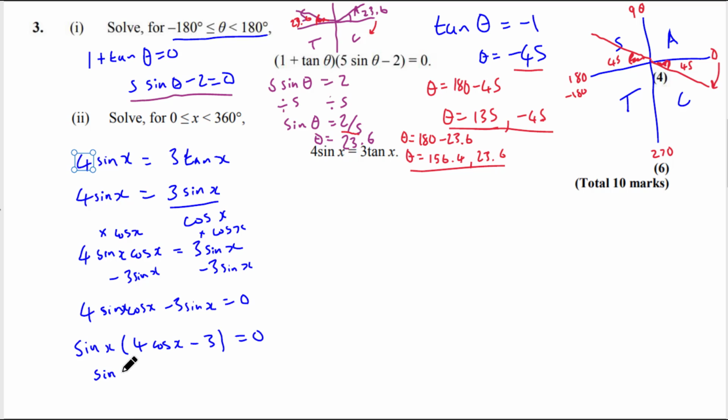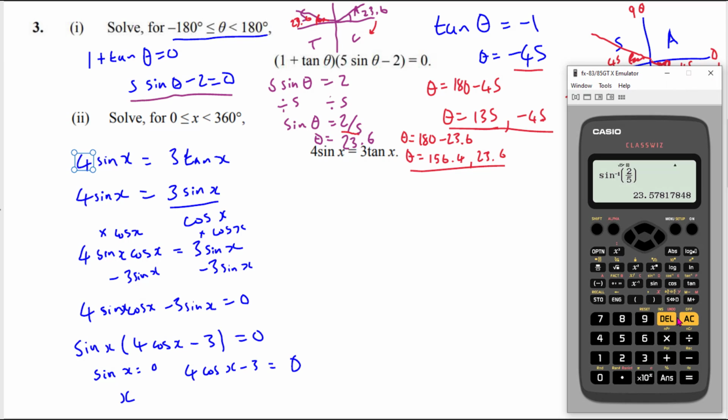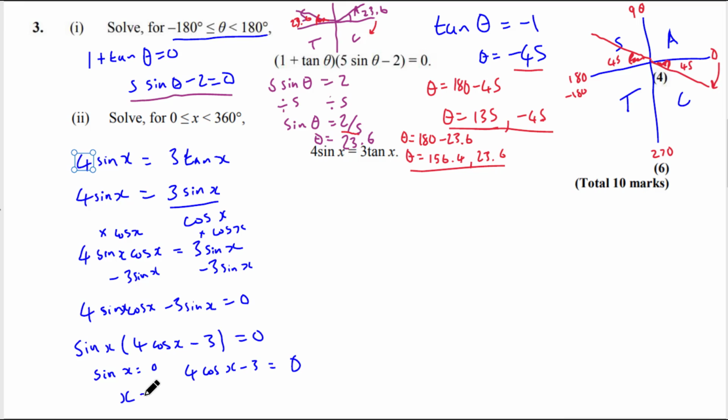We've got two equations that we can solve. This is when sine x equals 0 and 4 cos x minus 3 equals 0. Let's start with sine x equals 0. So that means x equals 0, and we should know that off by heart, but it's okay, we can use our calculator.